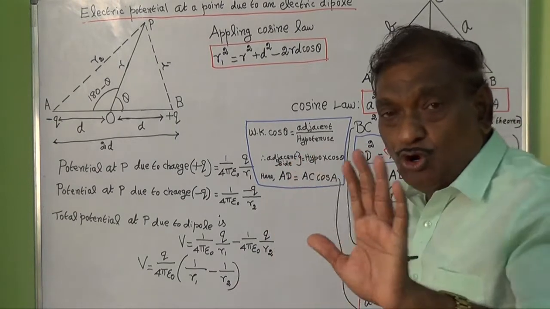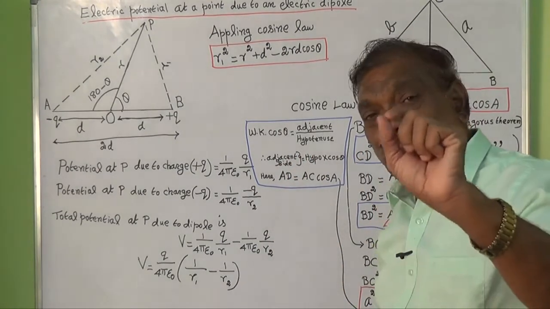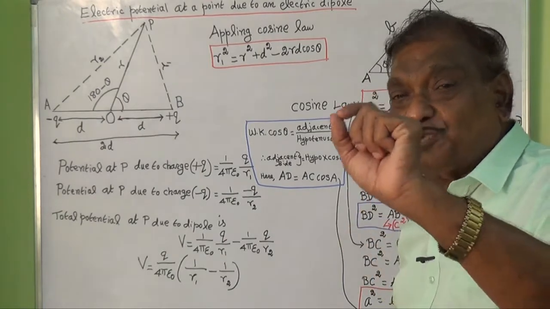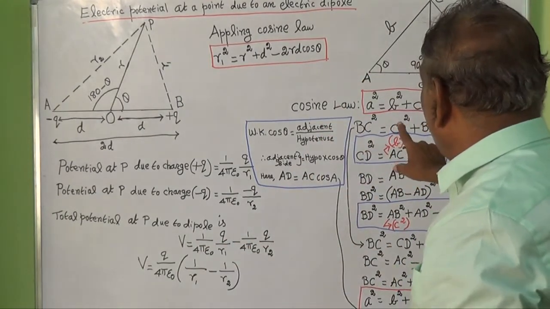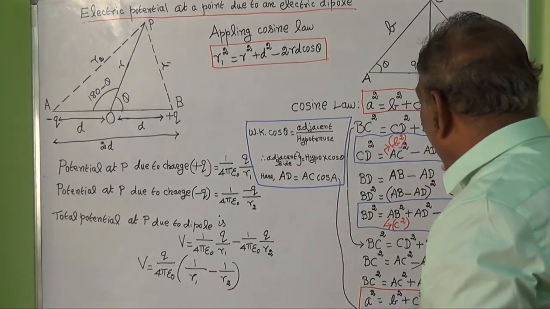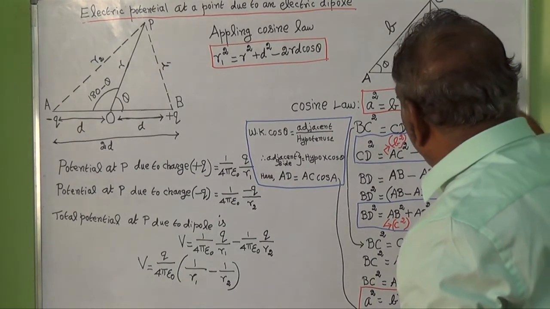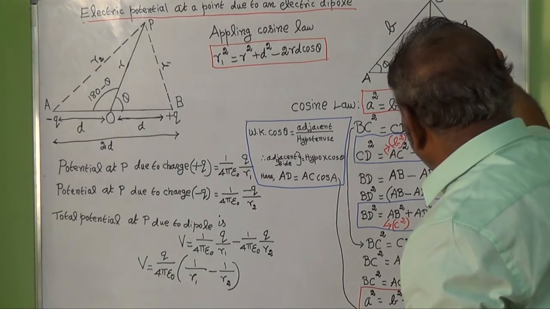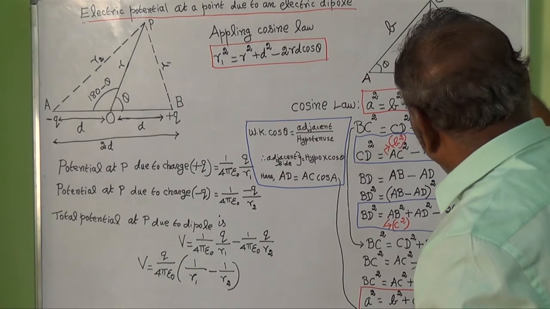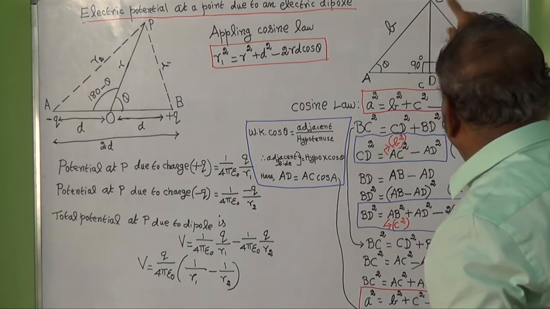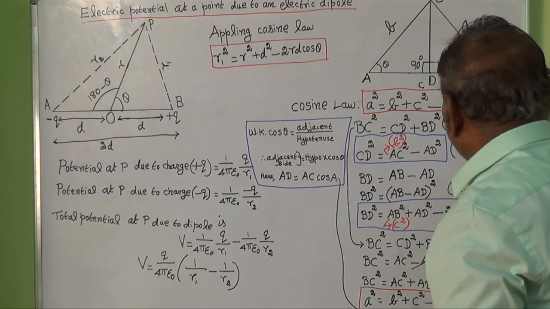But we don't want BC square in respect of CD square and BD square, but we want the side BC square in respect of AC square and AB square.